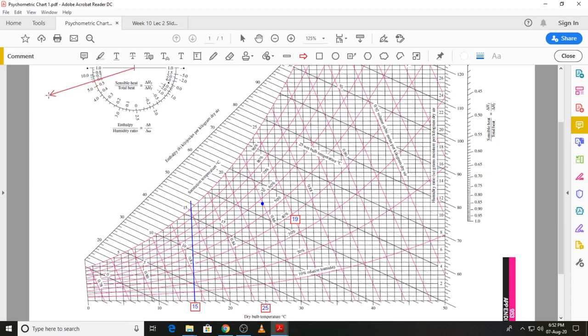So we have this is 5, then we have 6, 7, then we have 8, and almost in the center of 8 and 9 we will have 8.66.